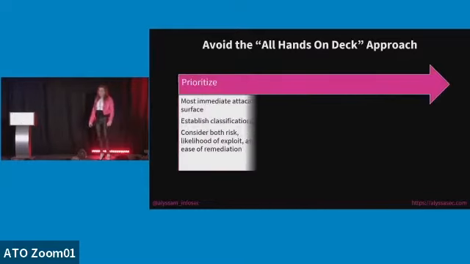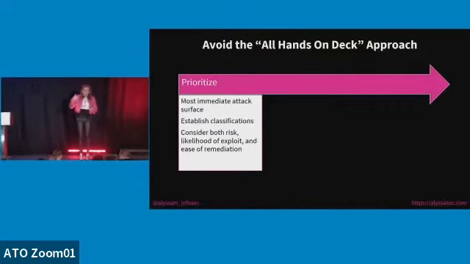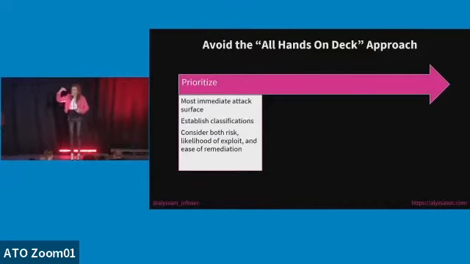We're going to start off by prioritizing. When these details of OpenSSL come out today, we're going to figure out what's the most immediate attack surface. It's probably going to be internet facing. It's pretty obvious. We're going to classify that prioritization. What is the highest risk part of our environment that we need to focus on first?